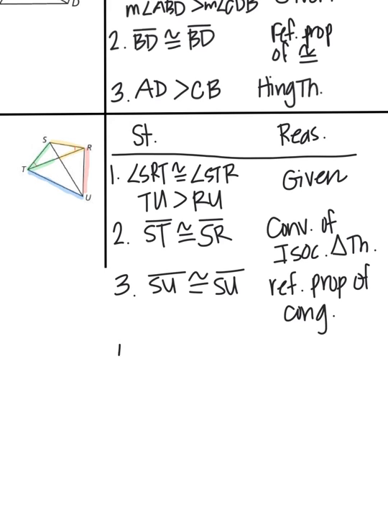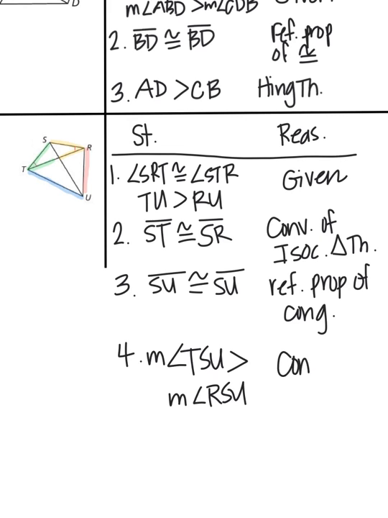So our fourth step is to say that the measurement of angle TSU is greater than the measurement of angle RSU, with the reasoning being the converse of the hinge theorem.